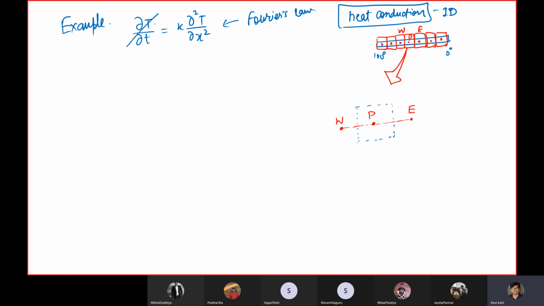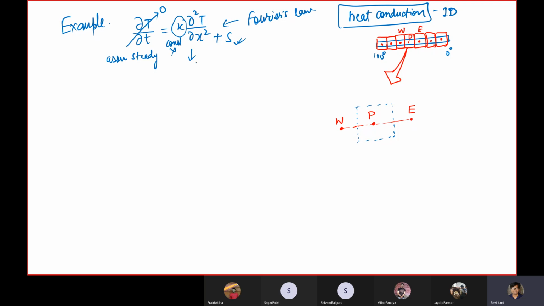So we will not consider this for the time being. We'll assume that it's a steady case, and we will also assume that it has some source term. Let's try it this way. Let's consider that some heating is also done, some heat generation is there. And we also assume one thing, that this k is not entirely a constant.